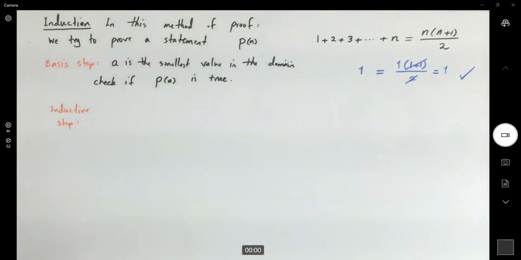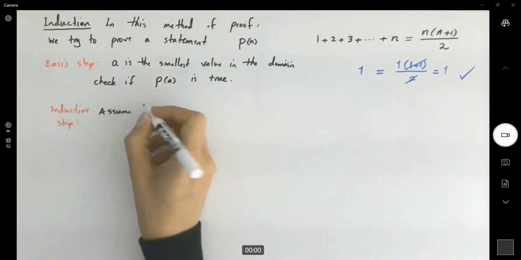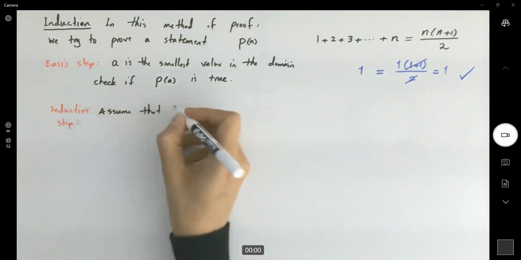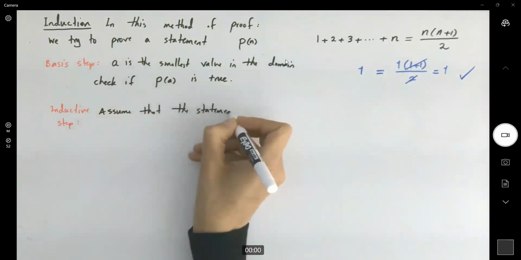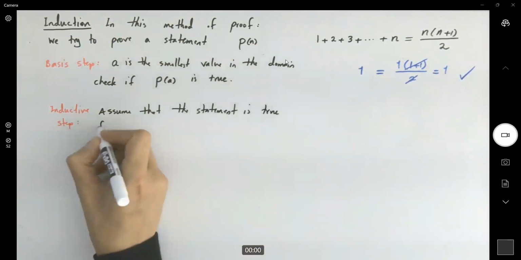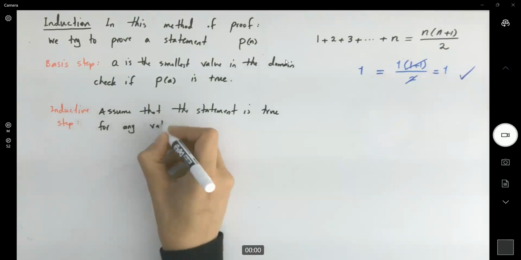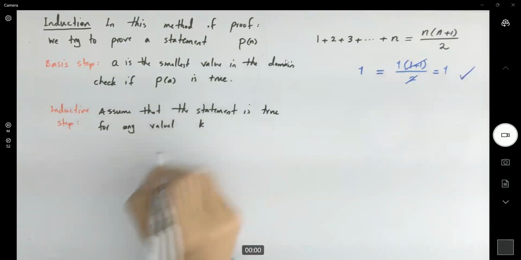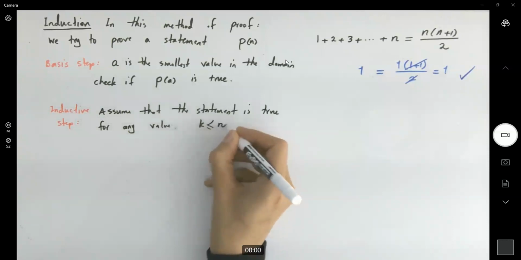So assume that the statement is true for any value k less than or equal to n.